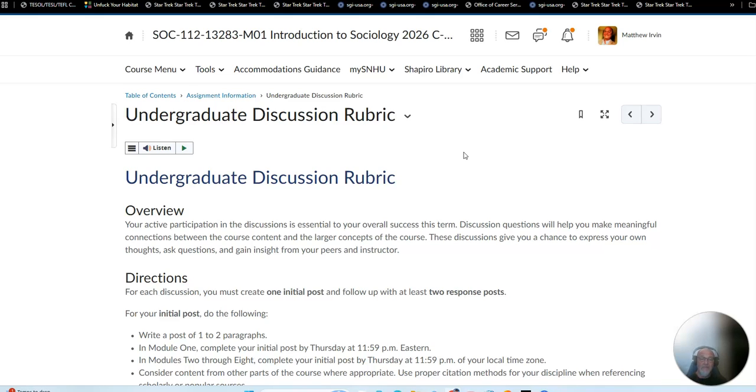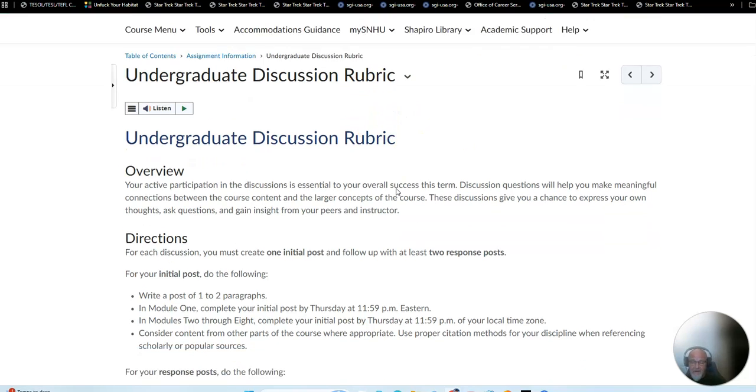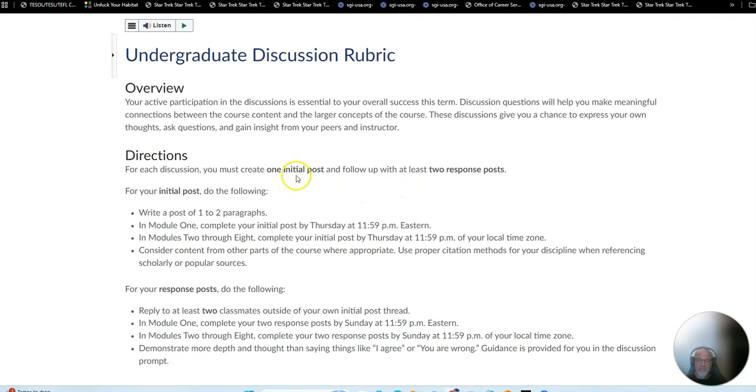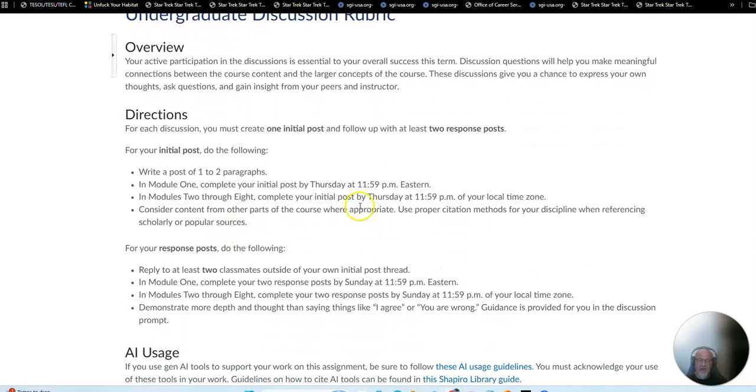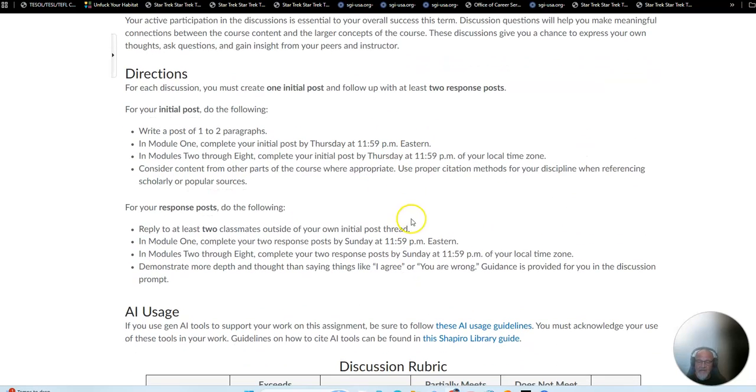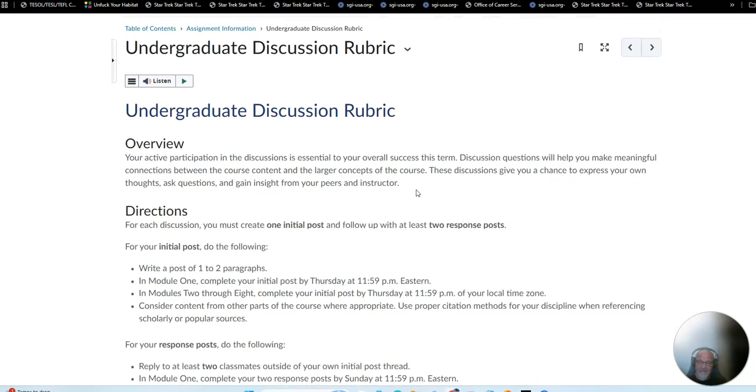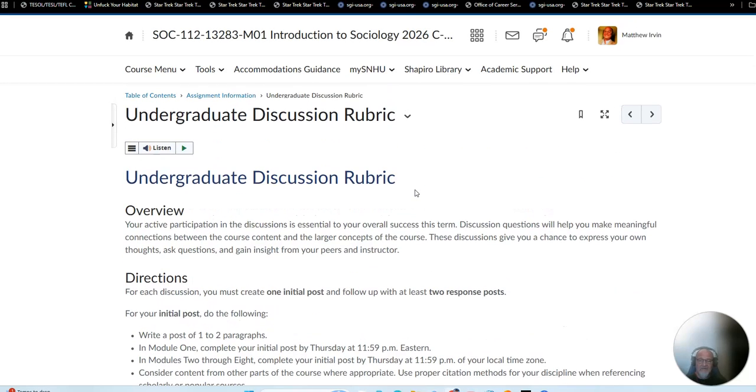It's the only way we're going to be able to establish a learning community where we can learn and process this information together. So please make sure to write an initial post of a couple of paragraphs and respond to your classmates. You basically have to have everything wound up by Sunday at midnight, just a minute before midnight.